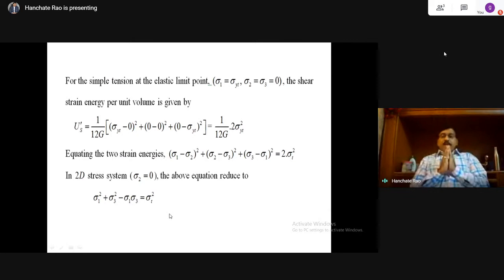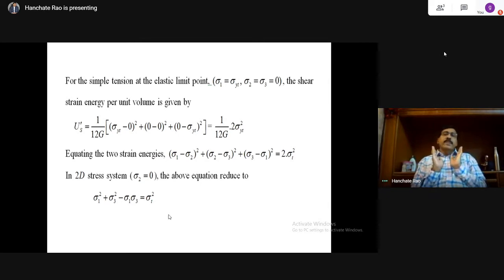So we have defined 5 theories. In all the 5 theories, it is very simple if you understand that two things will be compared. On one side, the complex stress system represented by sigma 1, sigma 2, sigma 3. On the other side, in simple tension, sigma 1 should be equal to the yield stress by factor of safety, the working stress.